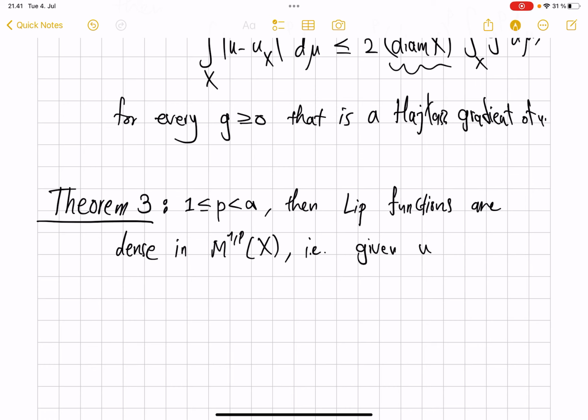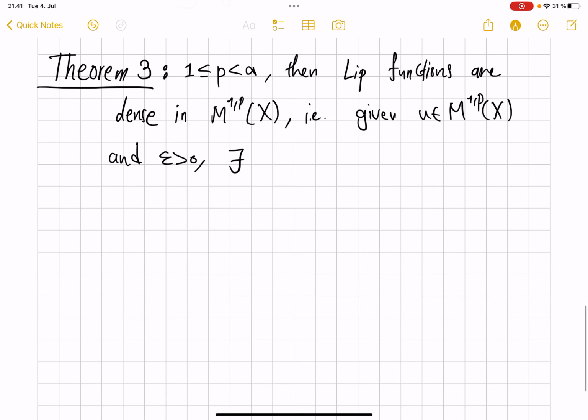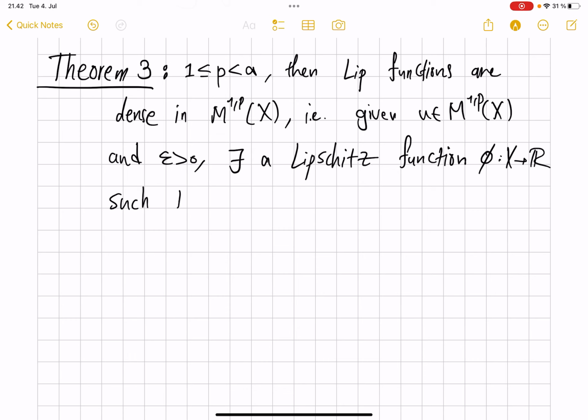Given u in M1P of X and epsilon positive, the error tolerance, there exists a Lipschitz function phi from X to R such that, so we are given a Sobolev function.